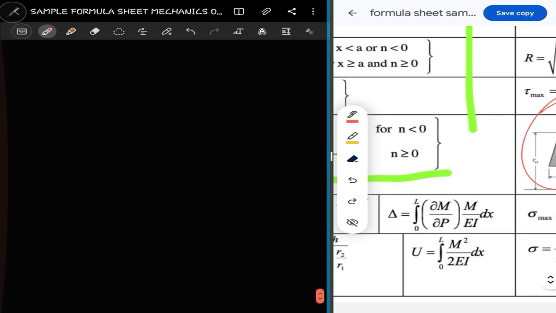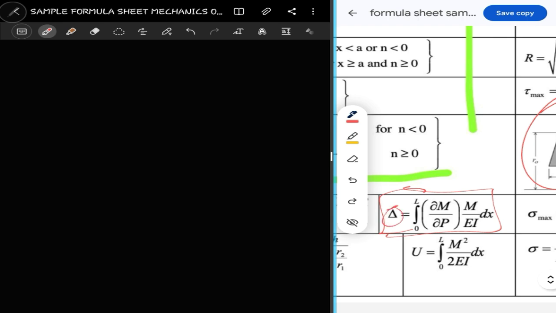Then this one here is basically for, what's the name? Castigliano method, right? Or the energy method, or the strain energy method, right? This right here is the deflection. It's basically similar to the equation for the slope, right? But the difference is that for the slope, if you don't see this and you see this, it's the same, right?